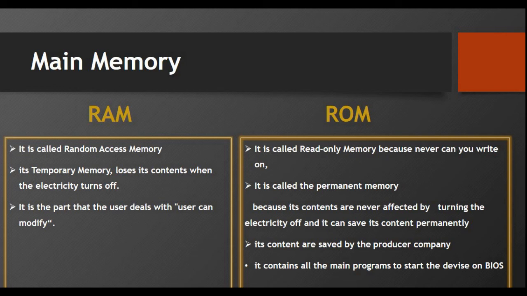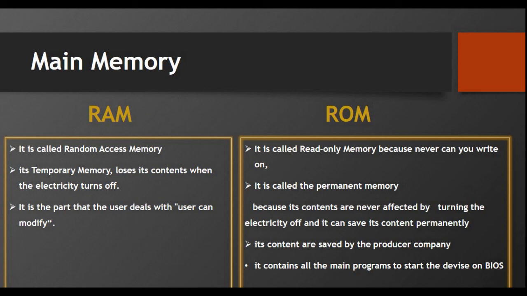RAM is the part that the user can edit, change or modify. But for ROM, the content is saved by the producer company. It means that the user can't change, modify or edit the ROM, because only the producer company can.